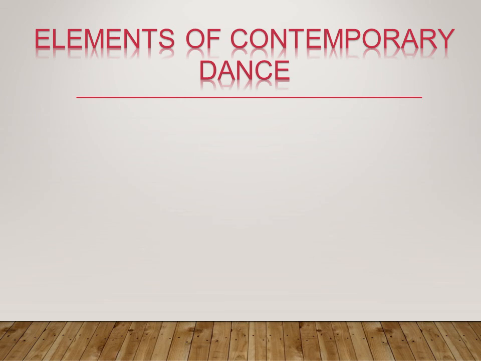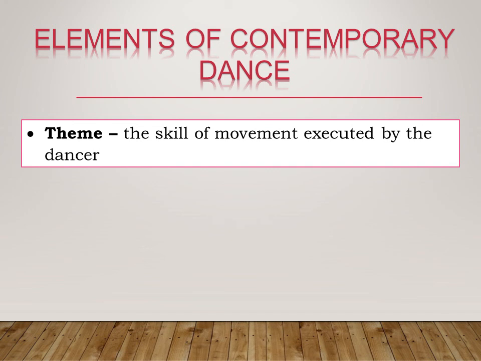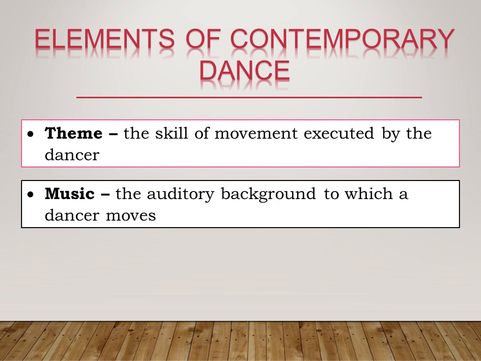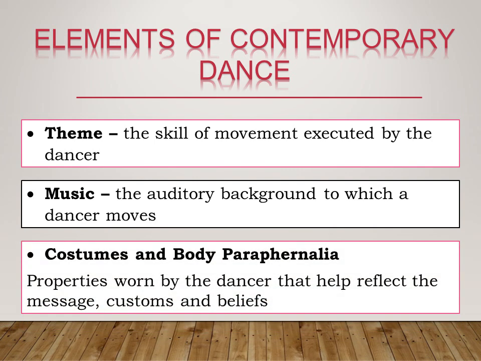Elements of contemporary dance. First, we have the theme, the skill of movement executed by the dancer. Next, we have music, the auditory background to which a dancer moves. Costumes and body paraphernalia are the properties worn by the dancer that help reflect the message, customs, and beliefs.